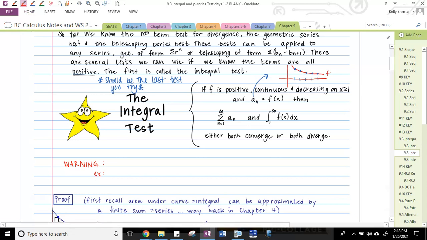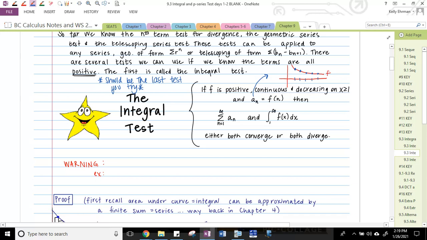Then the sum from 1 to infinity of the sequence, so the series, the sum of these blue terms here, and the integral, the area under the curve from 1 to infinity, f of x dx, they either both converge or they both diverge. Now, visually, you can kind of see this easier. Is the area that I get underneath the curve of f of x going to equal the sum of these finite points here?